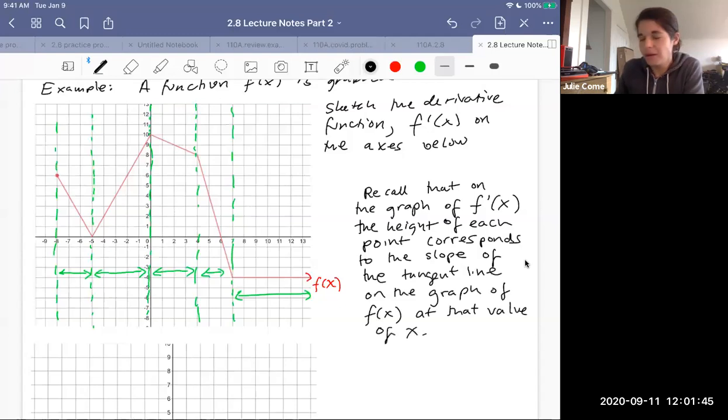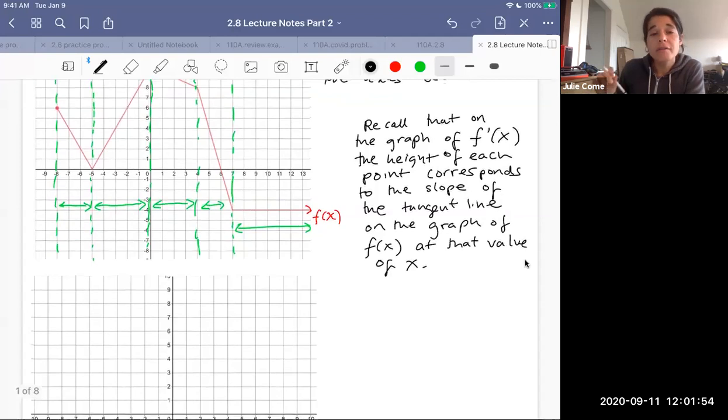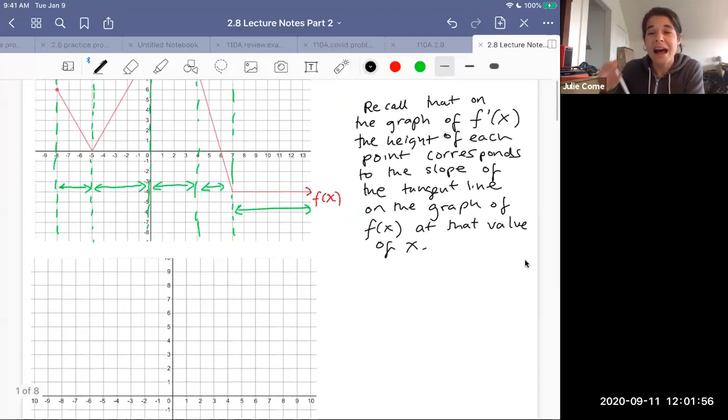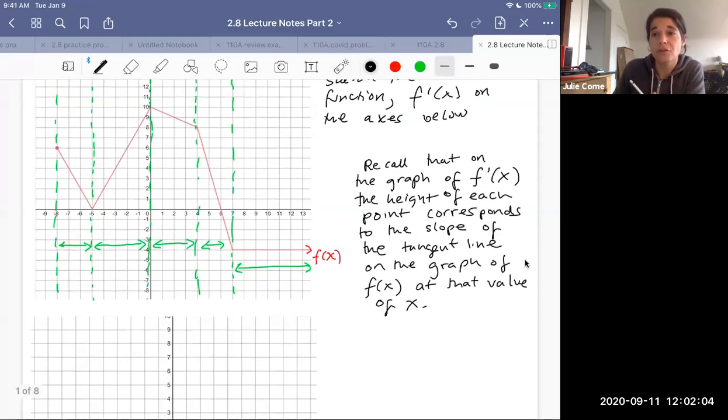It's something to wrap your mind around, but essentially, when we make our derivative graph, the heights of all the points on our derivative graph are going to equal the slopes of the tangent lines on our graph of the original function.